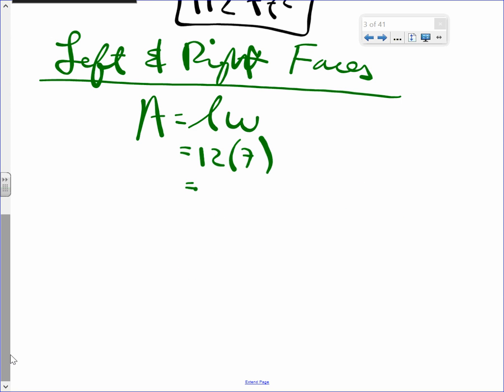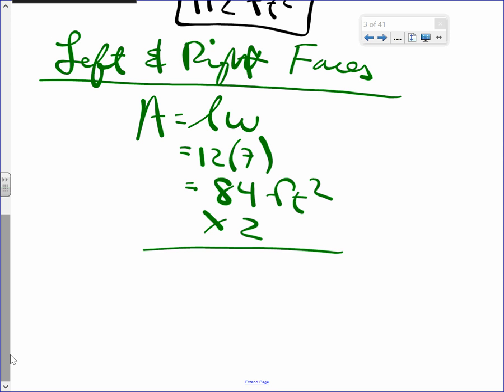I never memorized my 12s. Help me. 84. And on screen, I think it is 84 chickens, horses, or termites. Times 2. There's 2 of them. Square feet. So then we got the left and right.